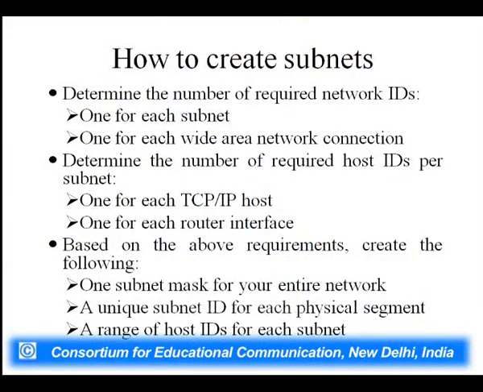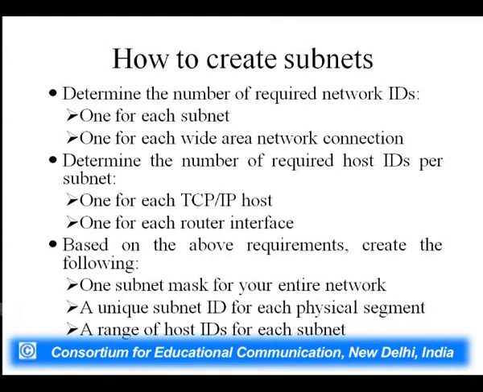Now look at this. How to create subnets? Number one, how many networks do you need? You need the required number of network IDs, and each subnet will have one ID, and therefore one for each wide area network connection we will have one network ID. So you must determine how many subnetworks you need, and then how many hosts in a network you need.